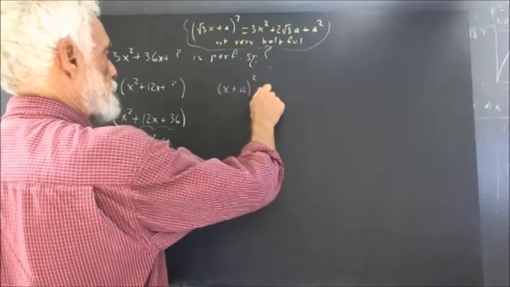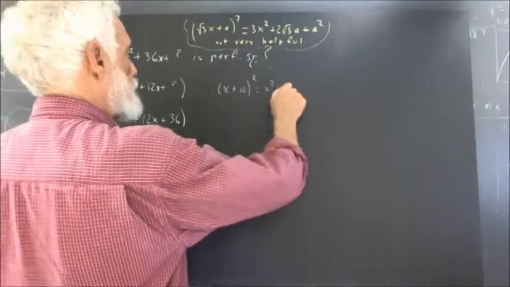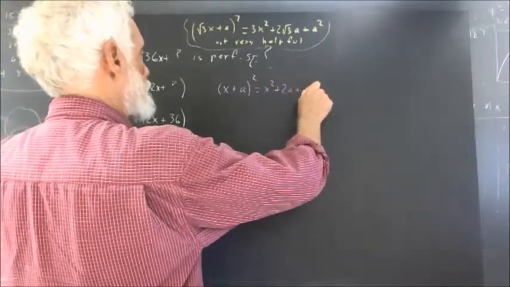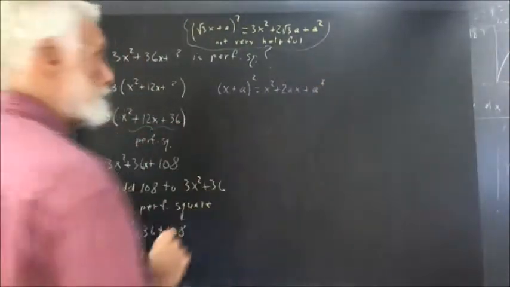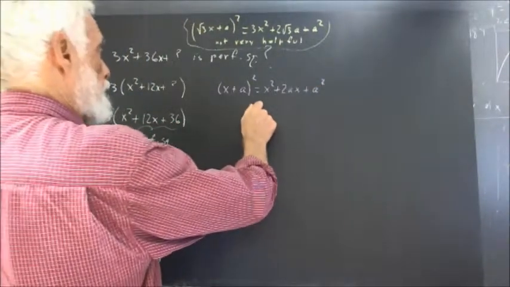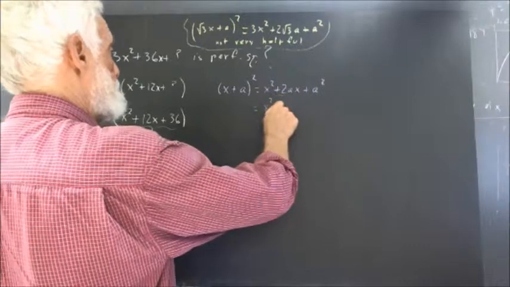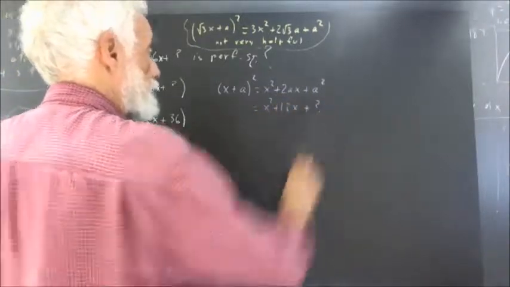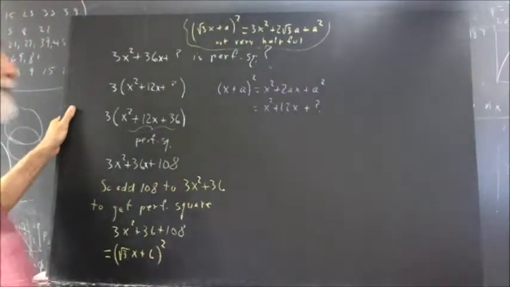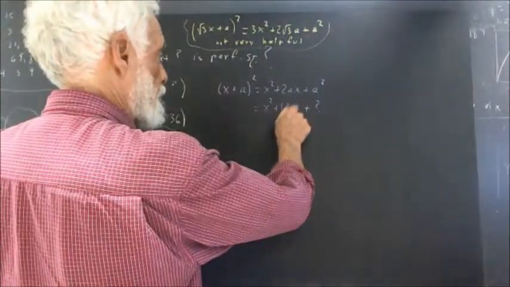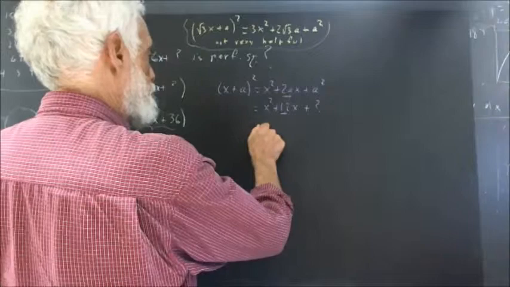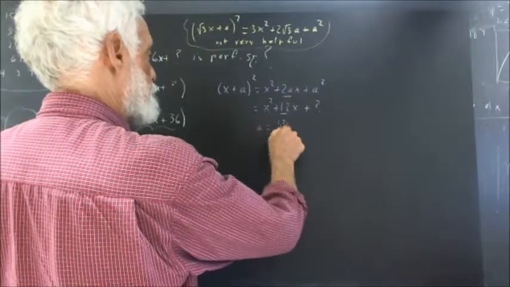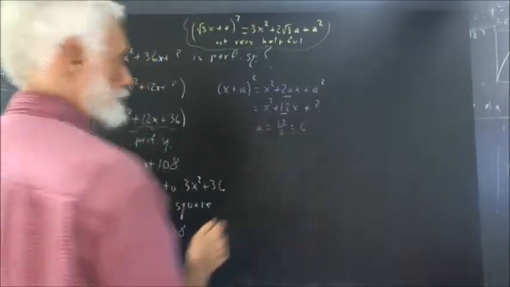So inserting a couple of intermediate steps here, we have, okay, x plus a squared is again x squared plus 2ax plus a squared, and that should equal x squared plus 12x plus whatever it is we're going to add. We can clearly see that the 12 has to equal 2a, so that a equals 12 over 2, which is 6.